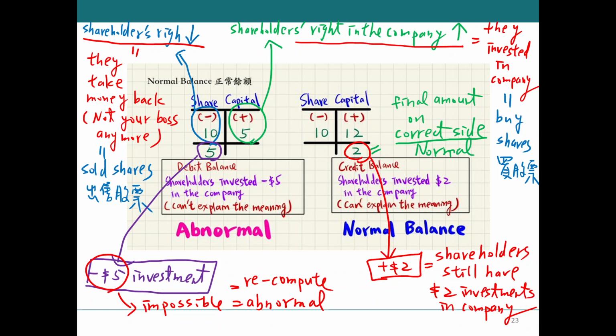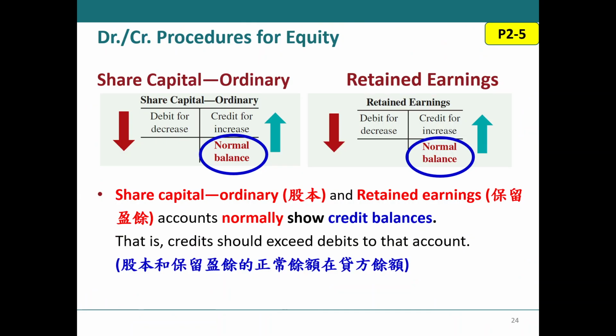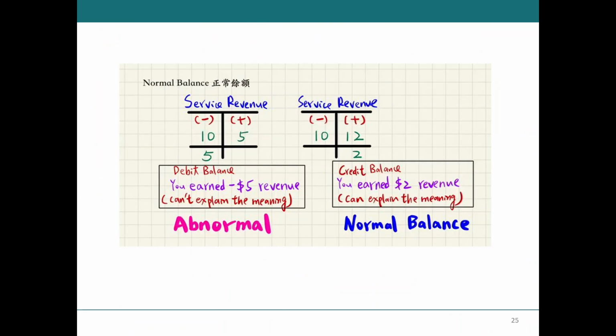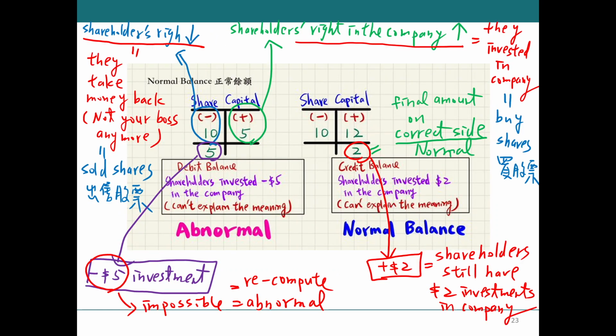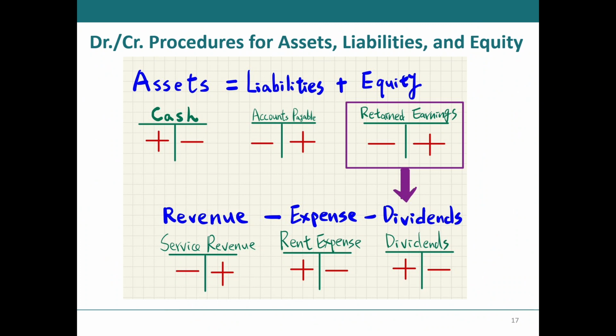So how about, if you understand the rules for revenue, anyone could tell me for revenues, the final amount should be on debit or credit? Okay, debit, why is that? Because revenue increase on debit or credit?